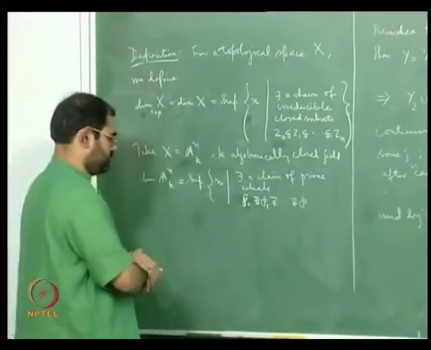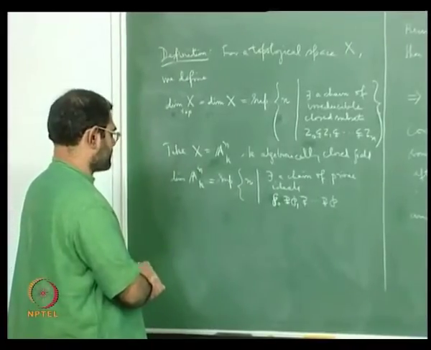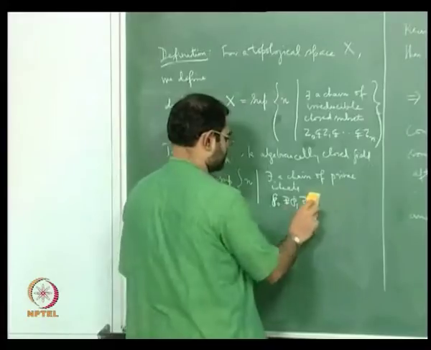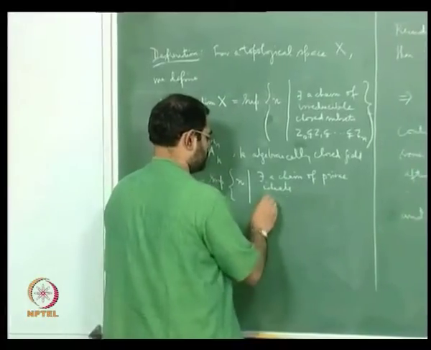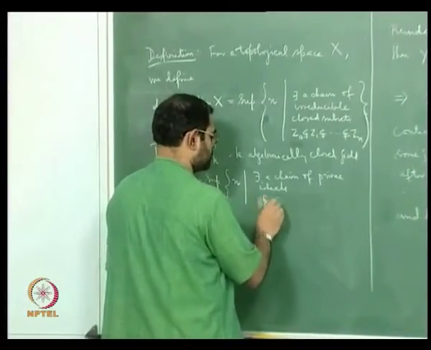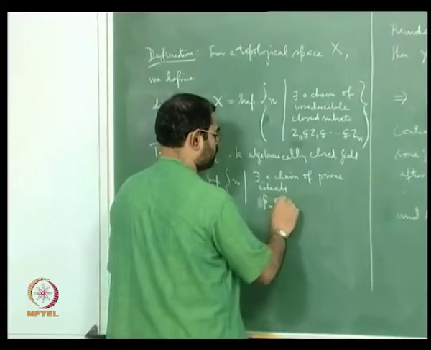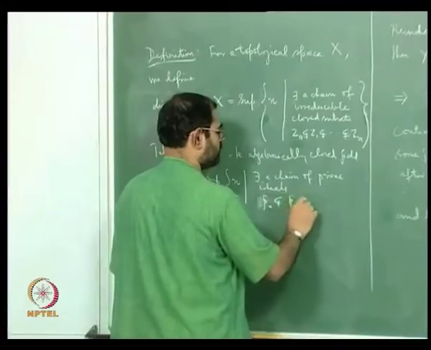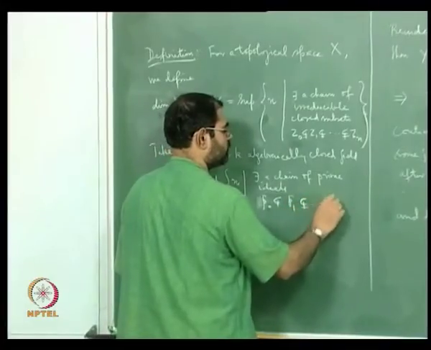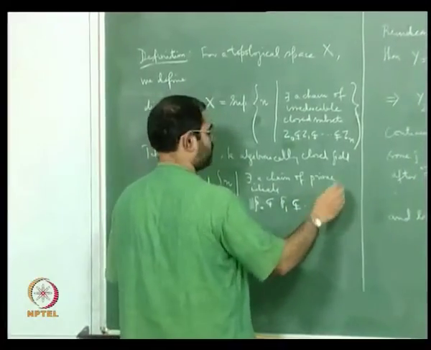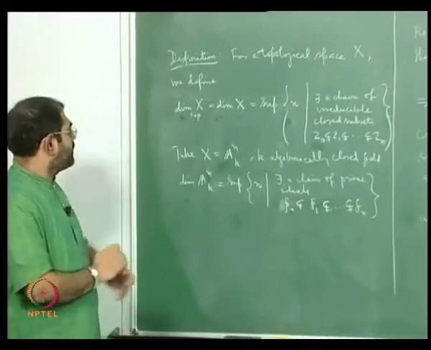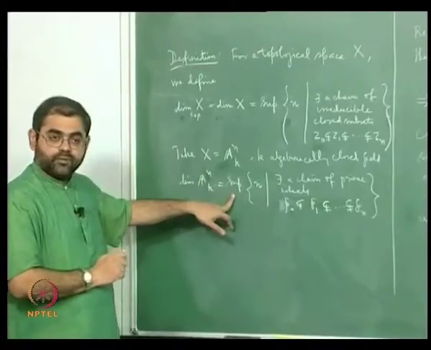Rather, I have to number it the other way around: P0, P1, up to Pn. So by this definition this is what you get.